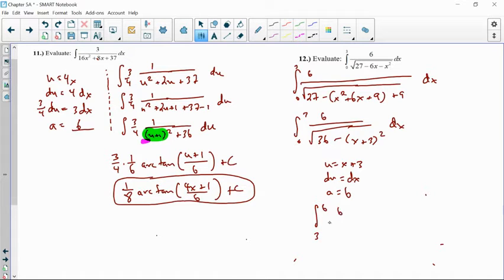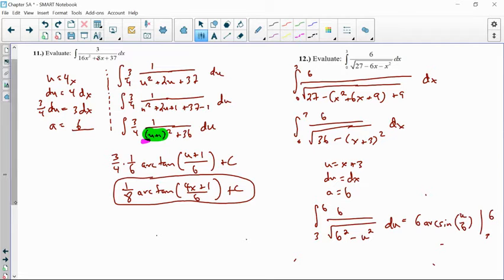And then we get 6 over the square root of 6 squared minus u squared du. And we've already converted to u, so we don't even have to go back to x's. So this 6 stays. There's no 1 over a for arc sine, so it's just arc sine of u over a when evaluated from 3 to 6.